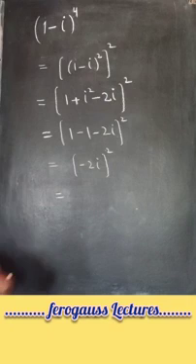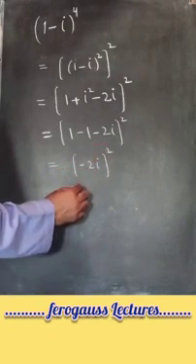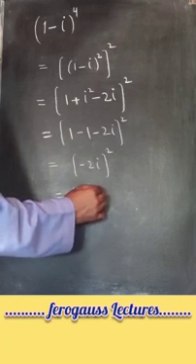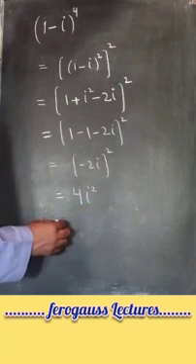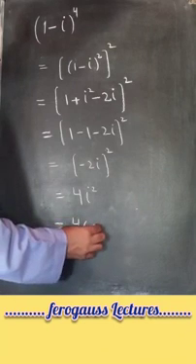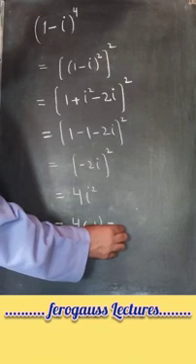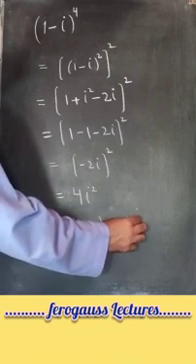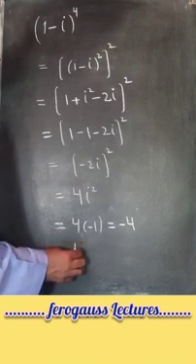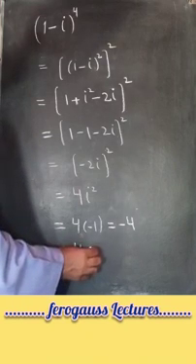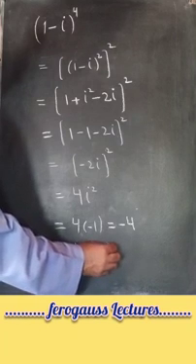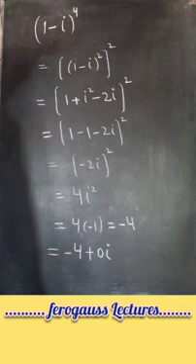Which is further equal to minus 2 square is 4, and we have iota square, that's further equal to 4, iota square is equal to minus 1, which is equal to minus 4, or we can write it as minus 4 plus 0 iota, as 0 iota is equal to 0.